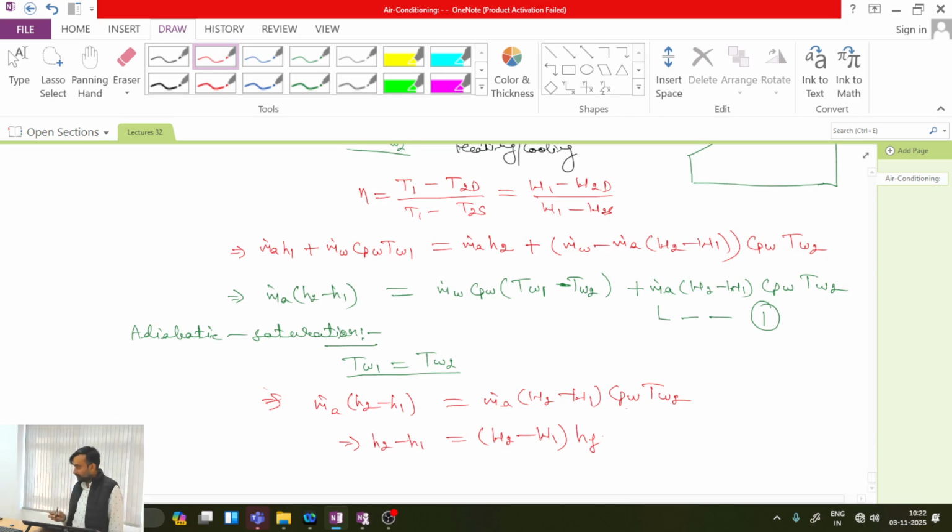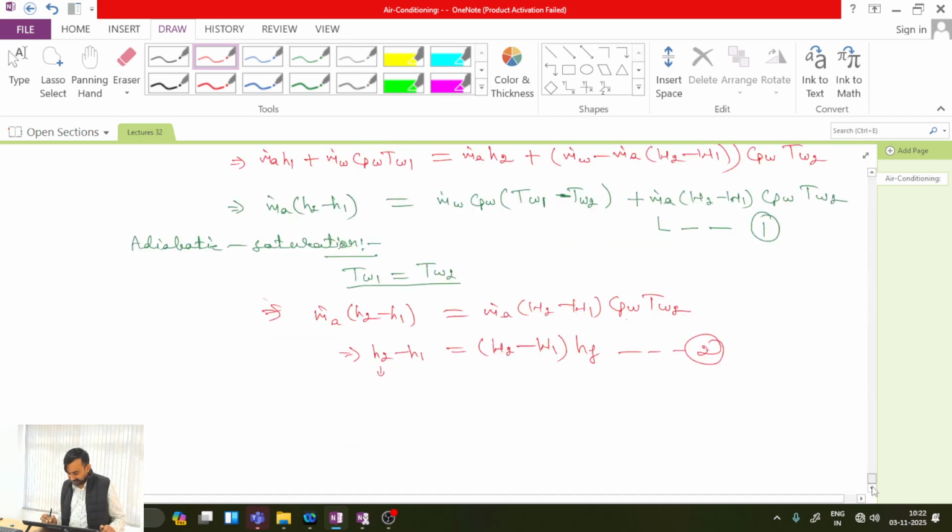Is this one clear? So this is equation number 2, which is nothing but the equation of the adiabatic saturation process, where state 2 in an adiabatic saturation process will be nothing but the saturated state. Is this one clear?